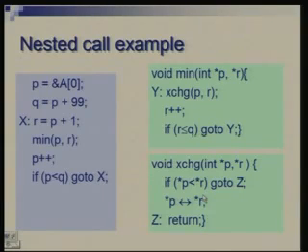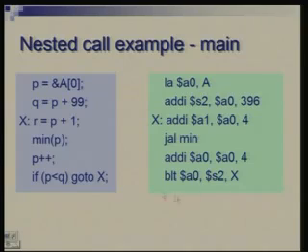Let us see now how each of these will be done. In the main body, we simply have a JAL to min as a replacement for this, and we are making sure that the two parameters, there is a mistake here, there are two parameters P and R, are in A0 and A1, so that both caller and callee understand where the values are to be looked at.